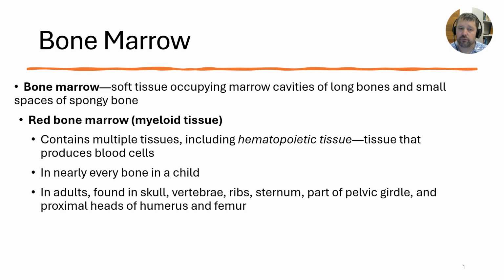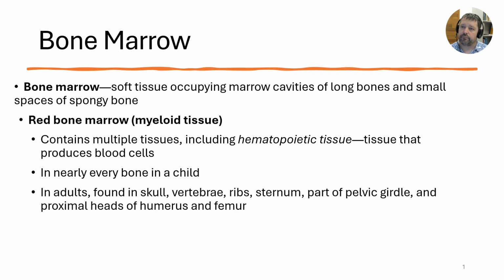As you get older, of course, it's still needed, but it plays less of a function, and it's only found in distinct regions. Certain flat bones, like the skull, vertebrae, ribs, and then in the heads of some long bones, like the humerus and the femur.